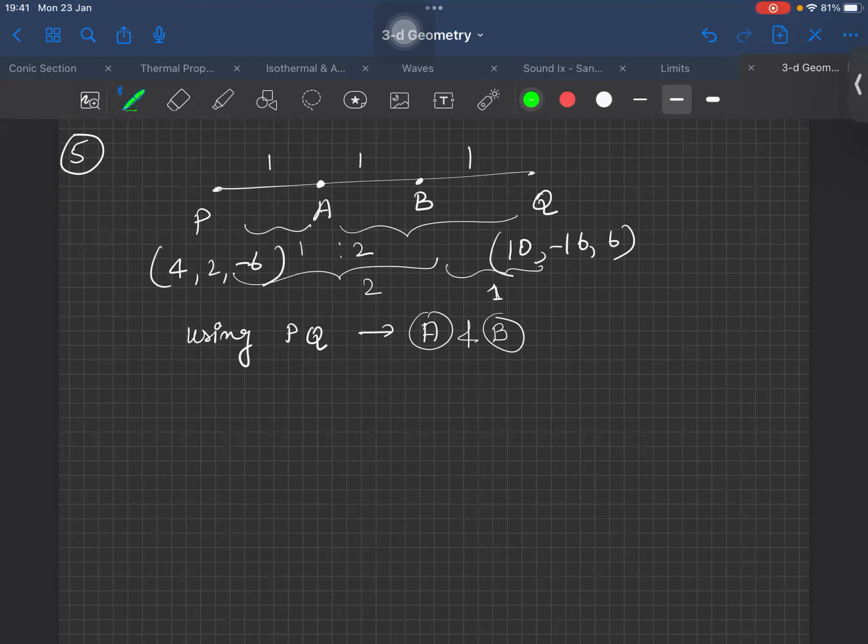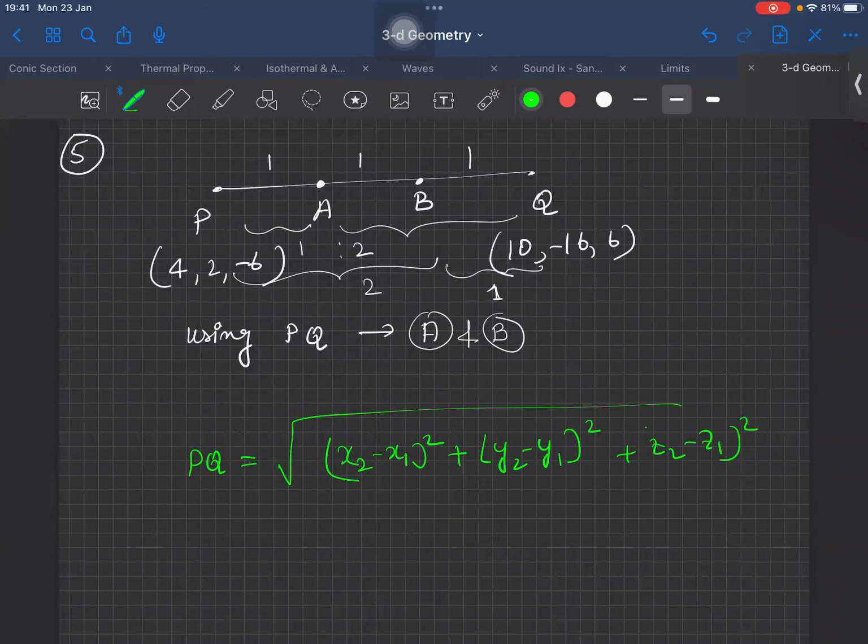So I'll just write the summary here. We have 8 octants here, and the distance formula is PQ, which is the square root of (x2 minus x1) whole square plus (y2 minus y1) whole square plus (z2 minus z1) whole square. And we have the section formula, which is (mx2 plus nx1) upon (m plus n).